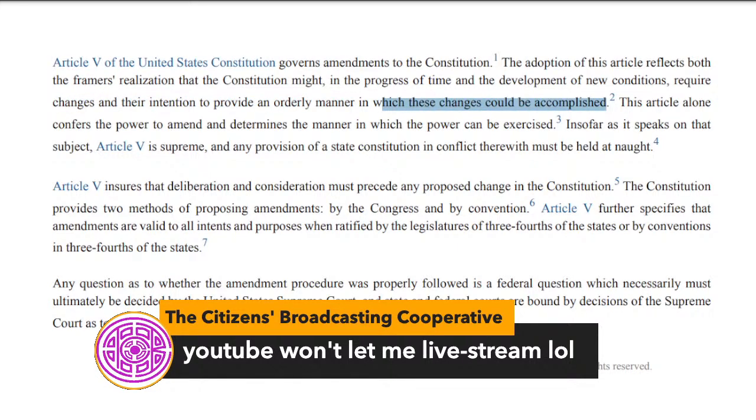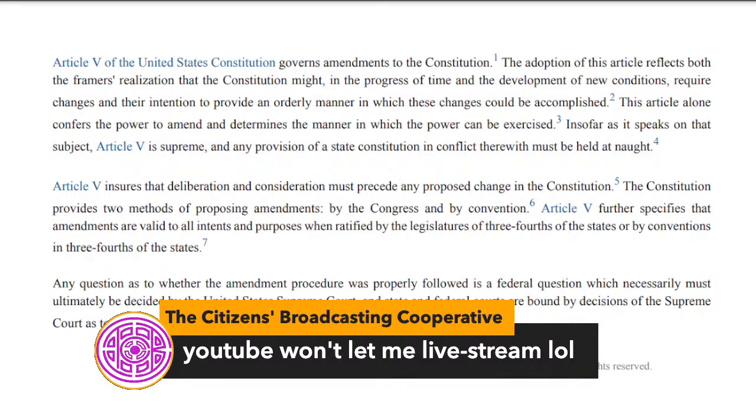This article alone confers the power to amend and determines the manner in which the power can be exercised, the power to amend it. Insofar as it speaks on that subject, Article 5 is supreme, and any provision of a state constitution in conflict therewith must be held at naught.